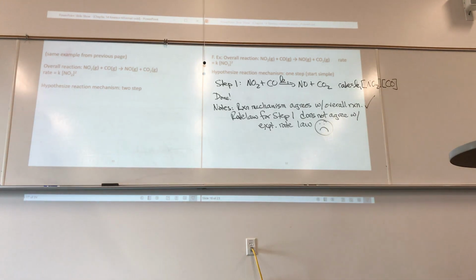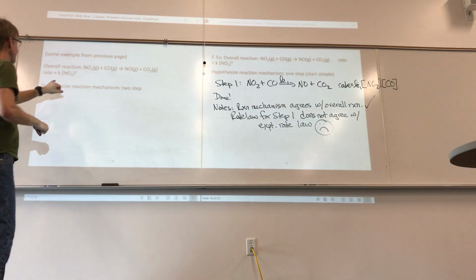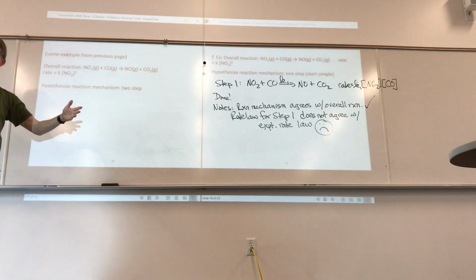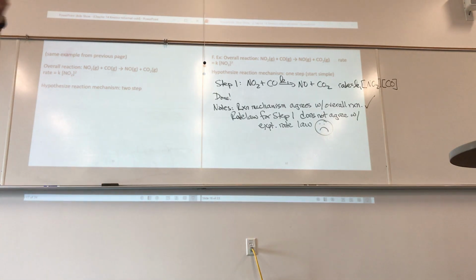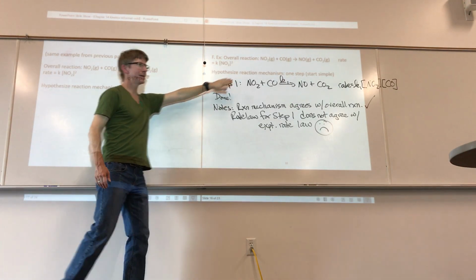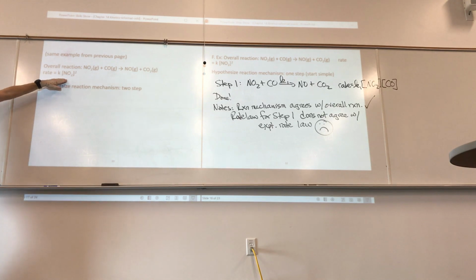You're right, reaction mechanisms are collisions. What do we want to have collide if we wanted to match this? NO2 and NO2, right? We started simply for matching the overall. Now let's match the rate law and see what happens.